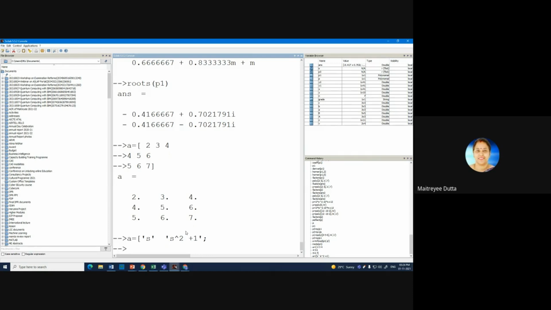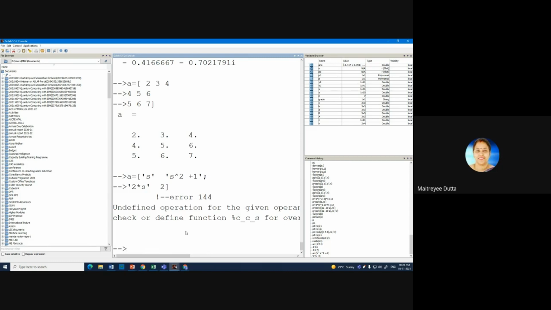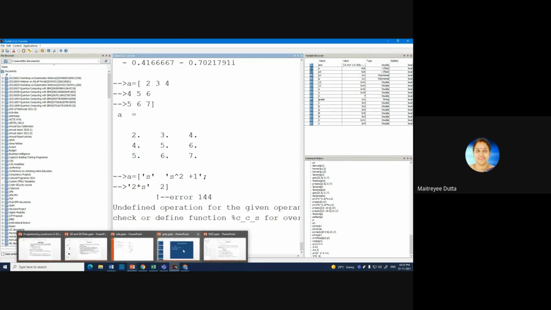For example, I want to write 2 into S, and another one, say 2, right? What is it giving? It is giving undefined operation for the given operands, right? That means it is not recognising that S is a polynomial term or polynomial variable, so it is not able to give me the answer.